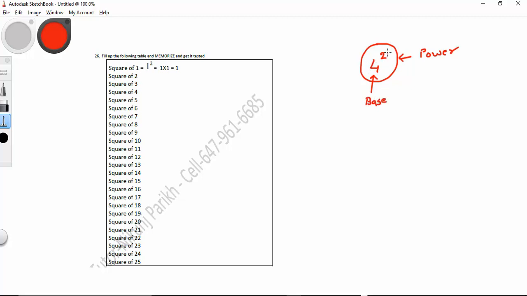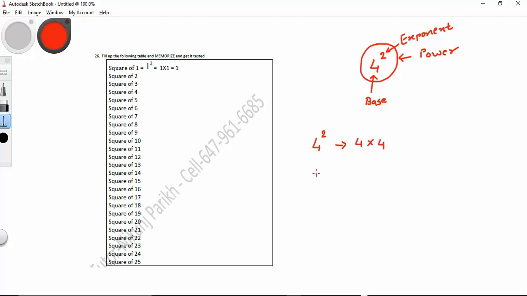And this tiny 2 is called the exponent. The meaning of this 4 with 2 on the top of it is 4 times 4.